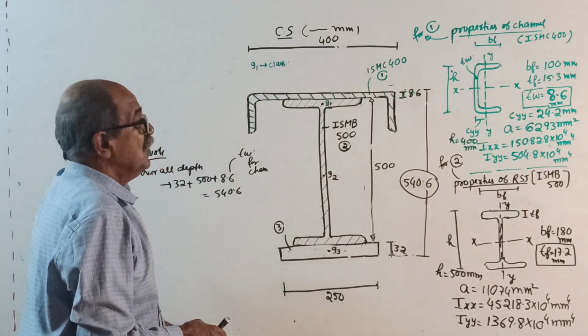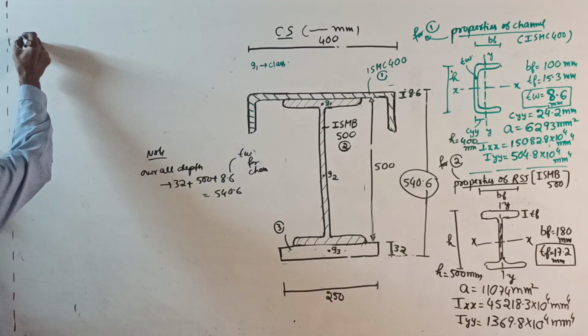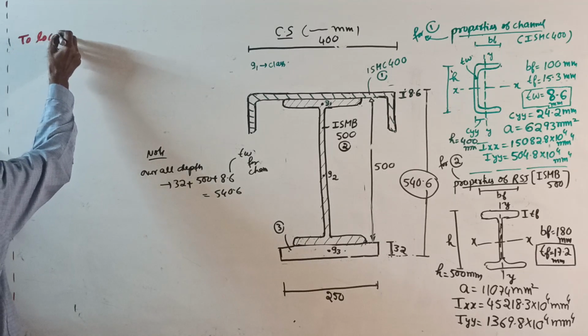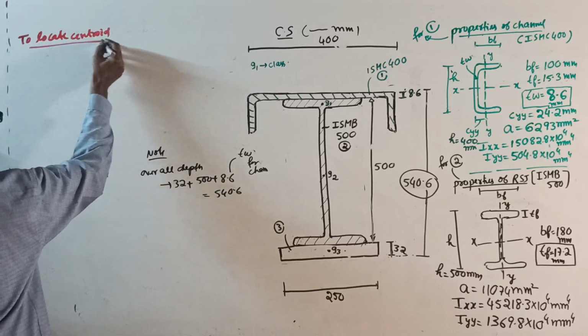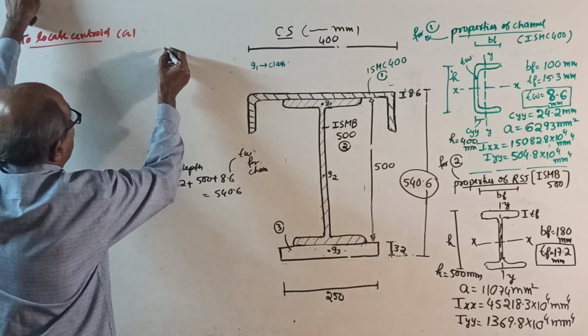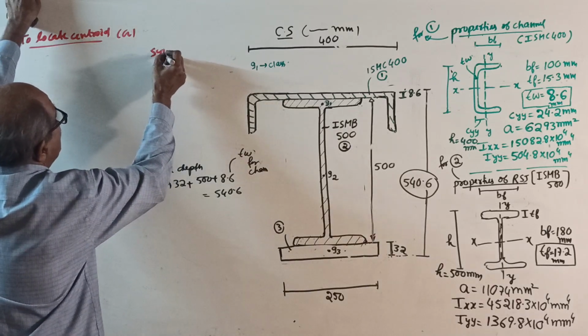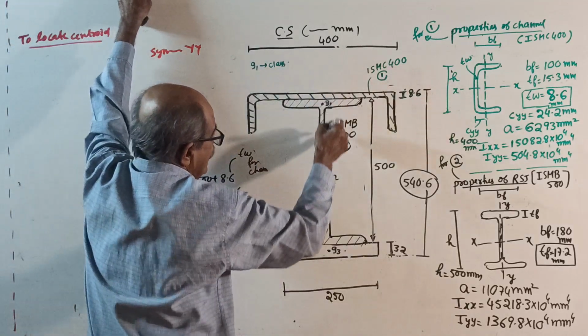Now you have to locate the centroid. See, first here, to locate the centroid, G. Before that, make a note. Perfectly symmetrical about the YY axis. So YY will come here.